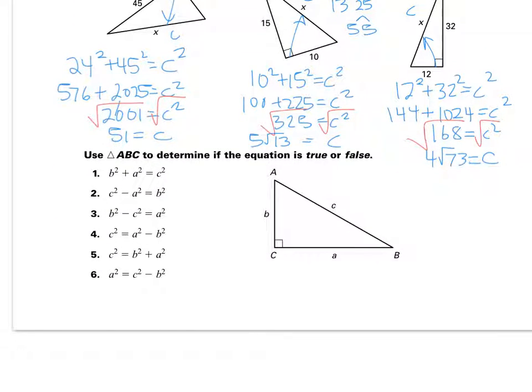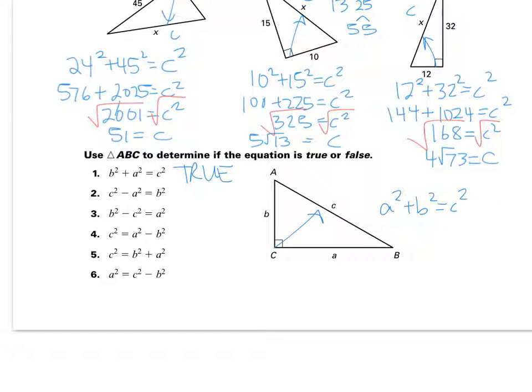Okay, we're going to find in these examples forms that are equivalent. So again, our standard form is C squared equals the sum. Just because the b squared is written first, this will still be true.